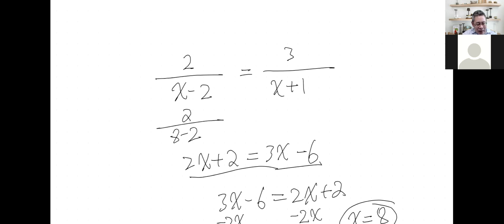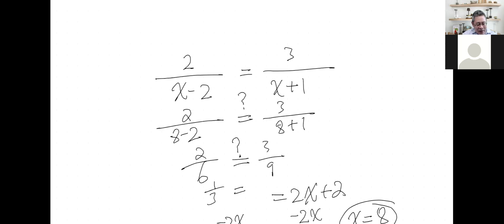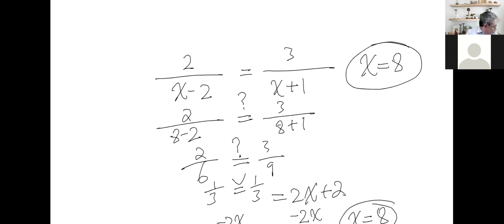And we want to know if that equals the other side, which is 3 over 8 minus 1. On the left-hand side, 8 minus 2 is 6, so we got 2 over 6. And we check if this is equal. This is 3 over 9. Well, this side is 1 over 3. That side is 1 over 3. So that's the case. Therefore, x is equal to 8. Are we good here?